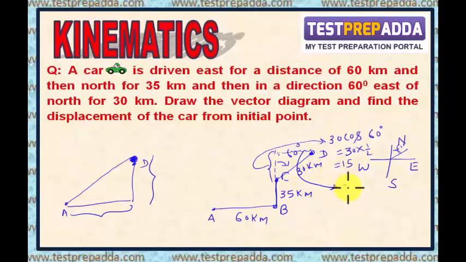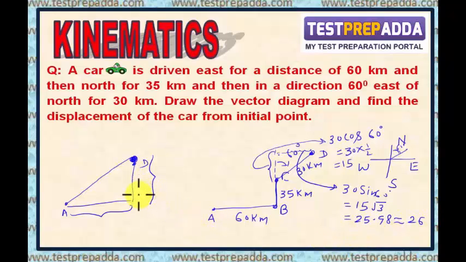This will be 30 sine 60 degree, and that will be 15 root 3, which if you solve comes to 25.98, approximately 26.